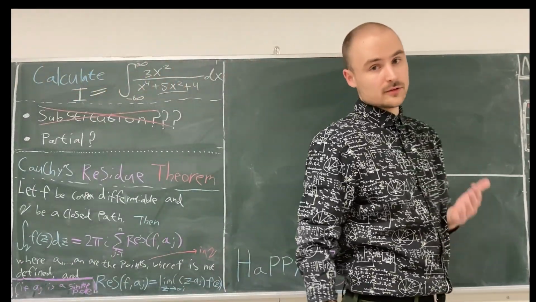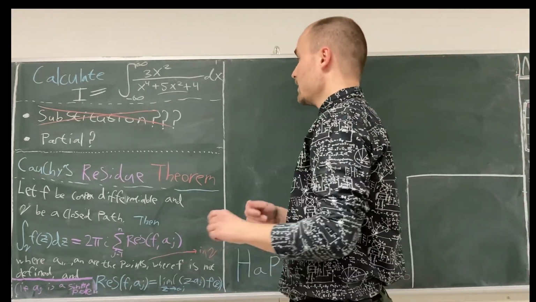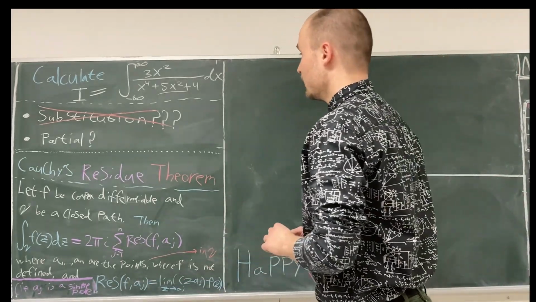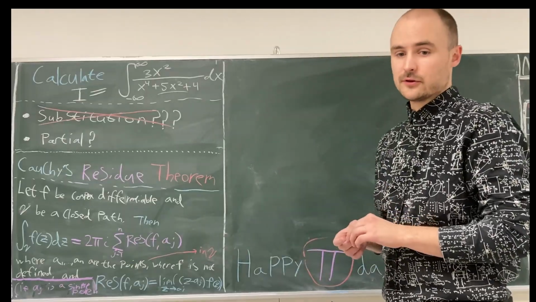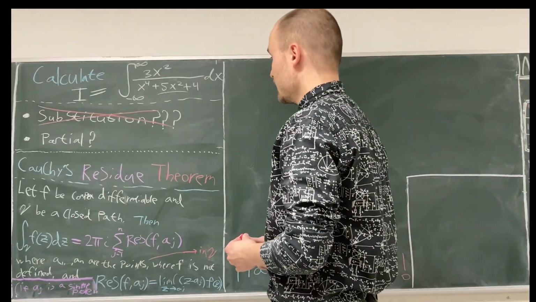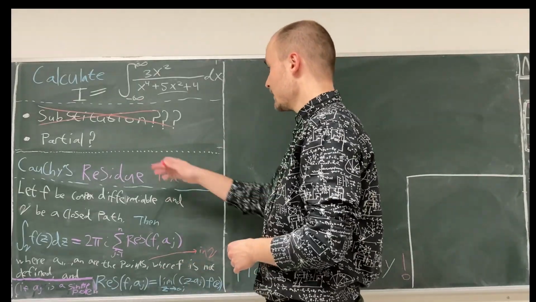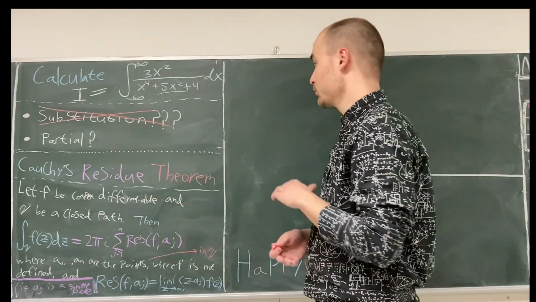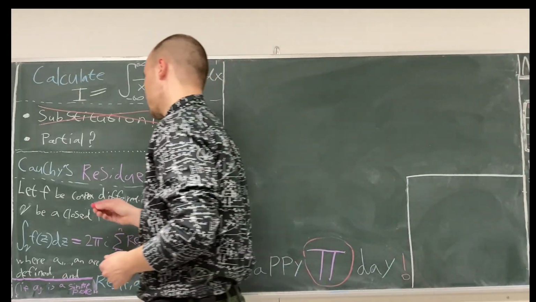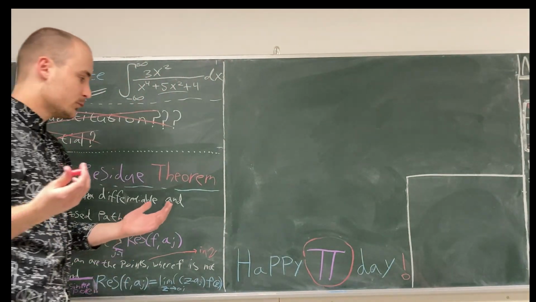Maybe we can use partial integration first and then do some substitution. But no matter how we choose our u's and v's in the partial integration, we're just going to end up in an endless loop where you still cannot do substitution on the unknown integral. So partial integration is also out of the question. But what do we do then?